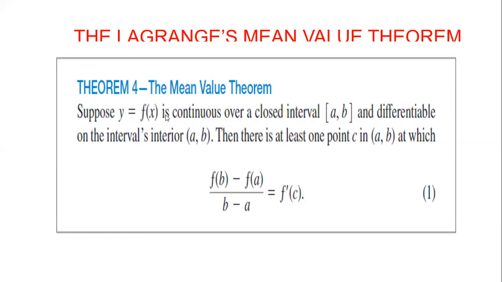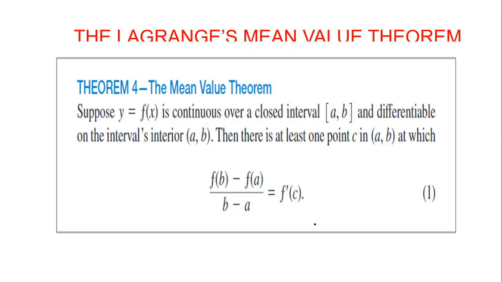Suppose y equals f(x) is continuous on the closed interval [a, b] and differentiable on the open interval (a, b). There are two conditions here. Condition 1 is continuous on the closed interval [a, b].